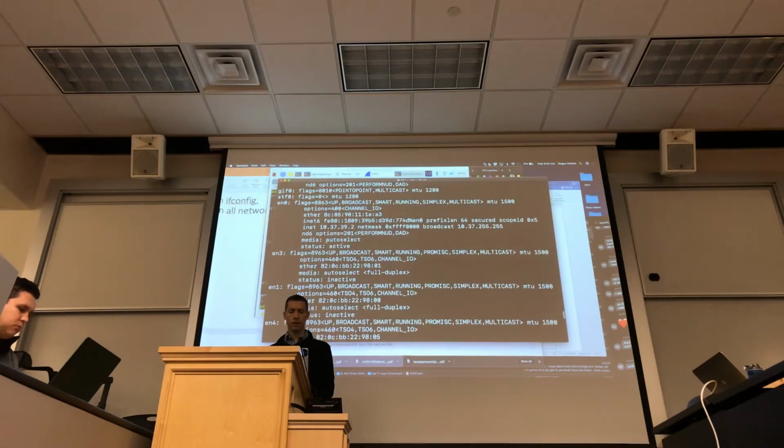If I find Ethernet 0 on this one, I find this line with my IP address for here at BYU in this room, 10.37.39.2. This one says netmask, and again, we'll ignore the broadcast for now. 0x, and then a bunch of F's and a bunch of zeros.